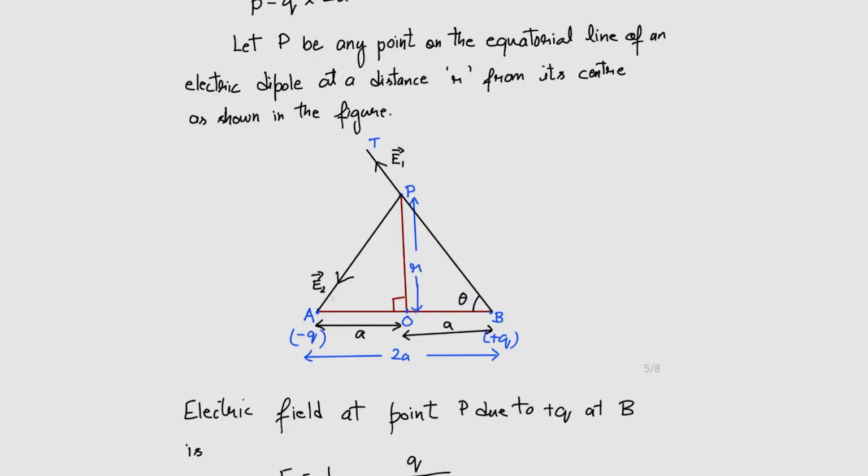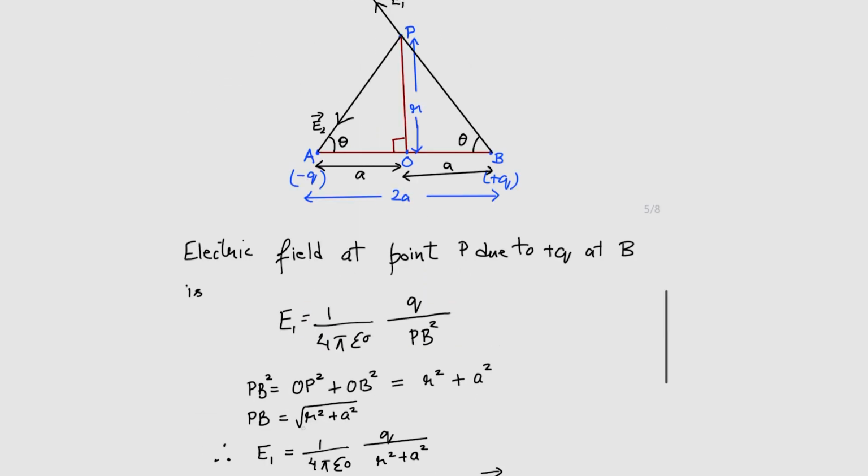Then this angle is also equal to theta. The reason why is that the distance PB is equal to root over R square plus A square. This PB is equal to root over R square plus A square.